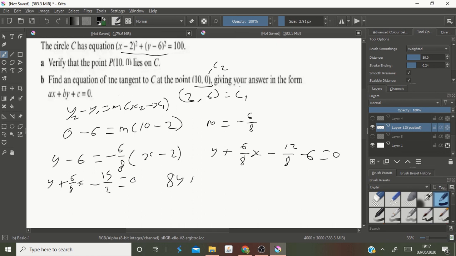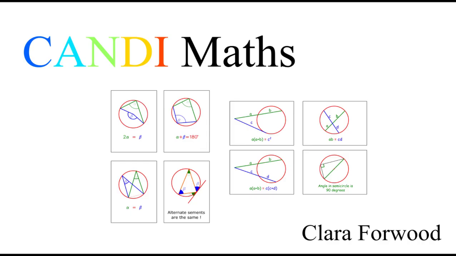So we say 8y plus 6x minus 15 over 2 multiplied by 8. That will give us minus 60 equals 0. And this is our final answer. And with that, this concludes the tangent to circles and our video on circles for today. Thank you for watching.